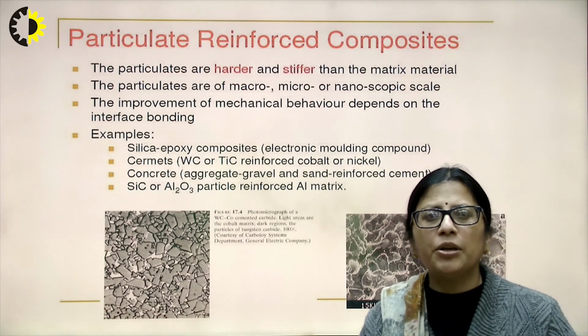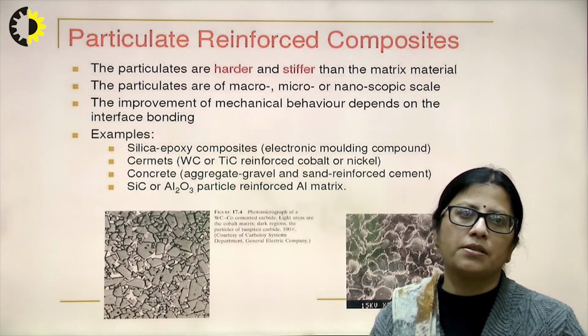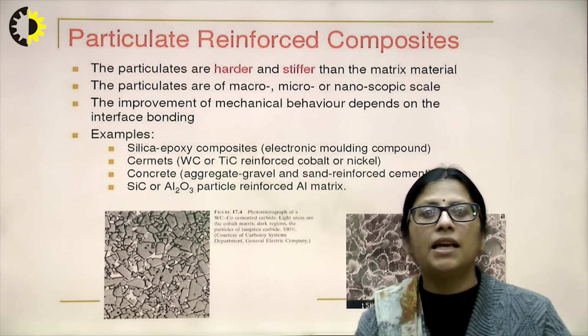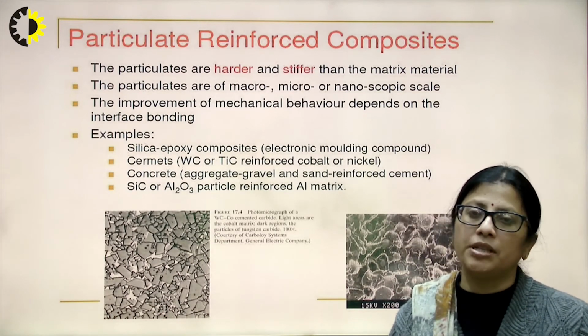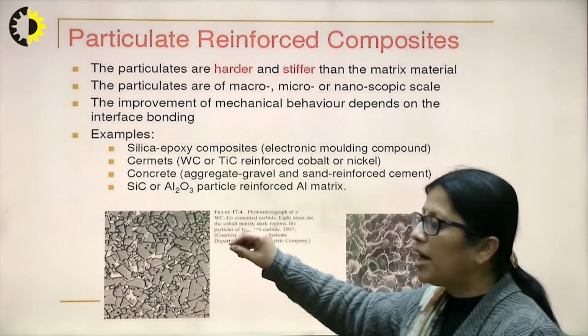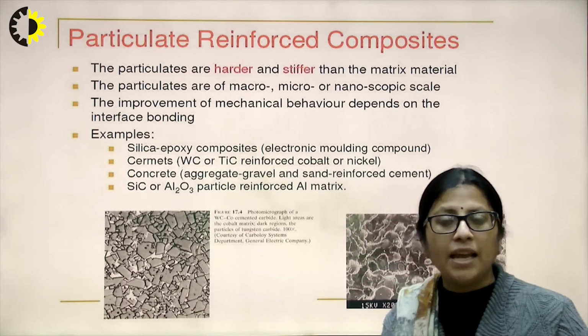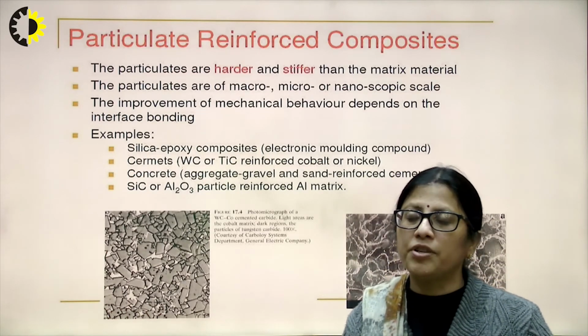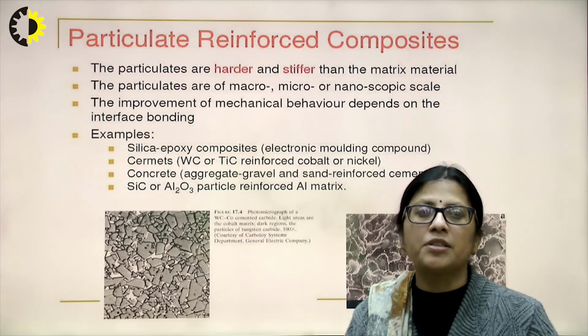Next, particulate reinforcement composites. These particulates are harder and stiffer than the matrix material. If we add small particles of metal to the matrix material, they form the particulates, which are obviously going to be harder and stiffer than the outer matrix material.